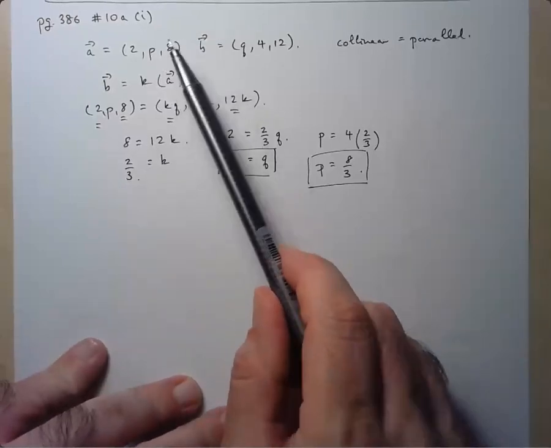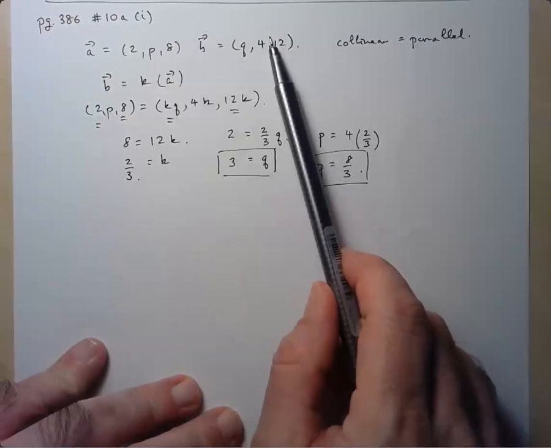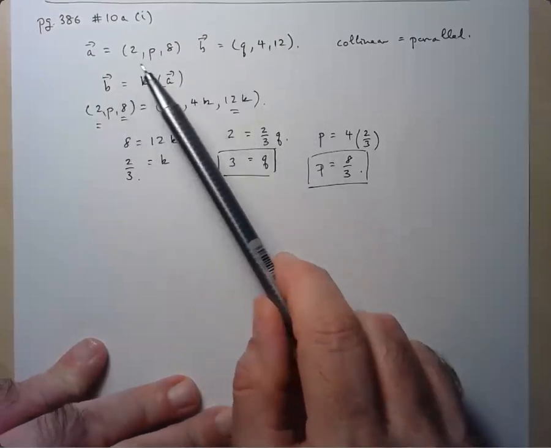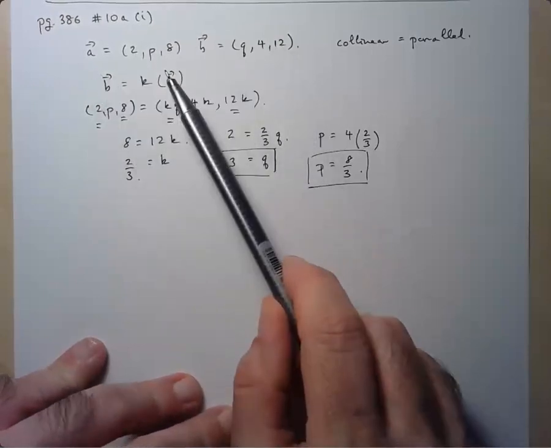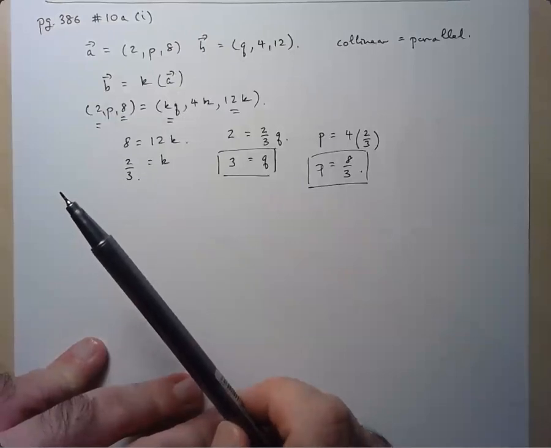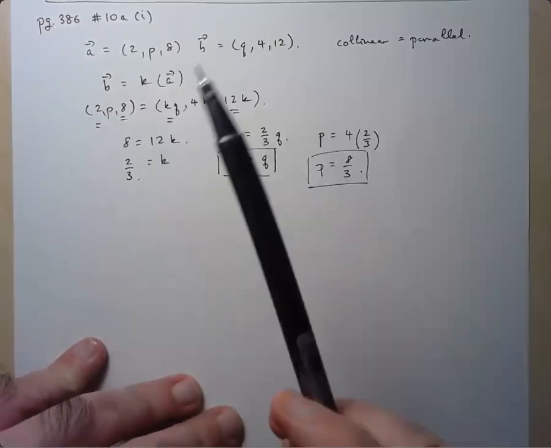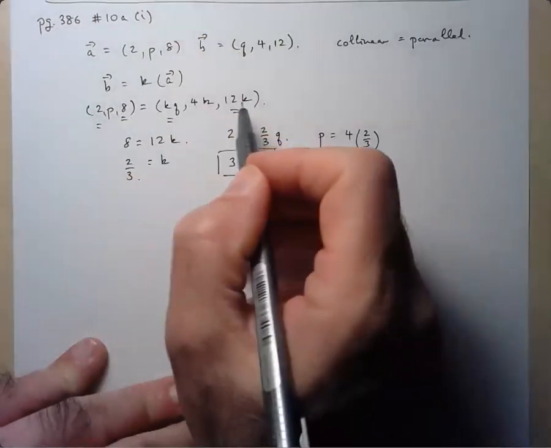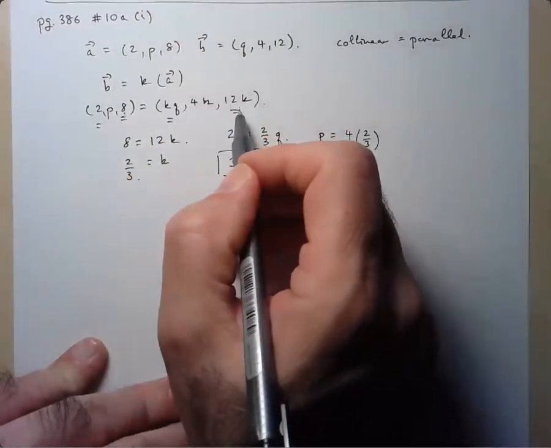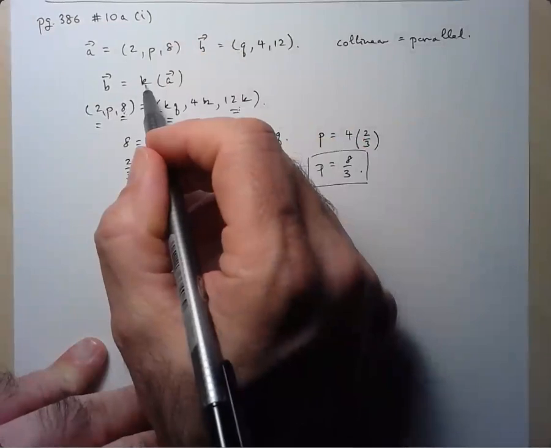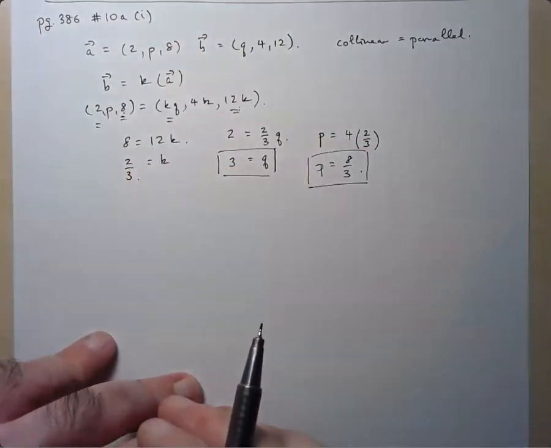And if 2 vectors are collinear or parallel, they need to be scalar multiples of each other. And then from an algebraic perspective, it was noticing that those Z components allowed you to solve for an exact value for K. Okay, so nice little question. Any questions on this here?